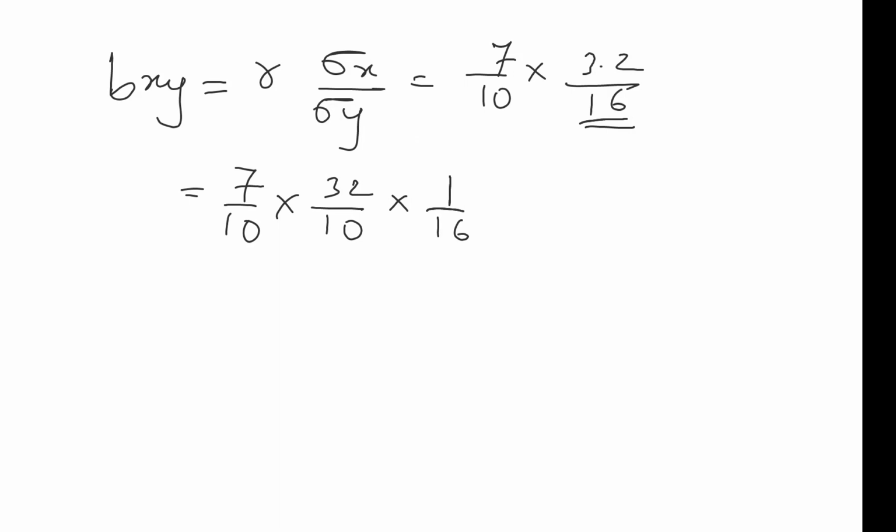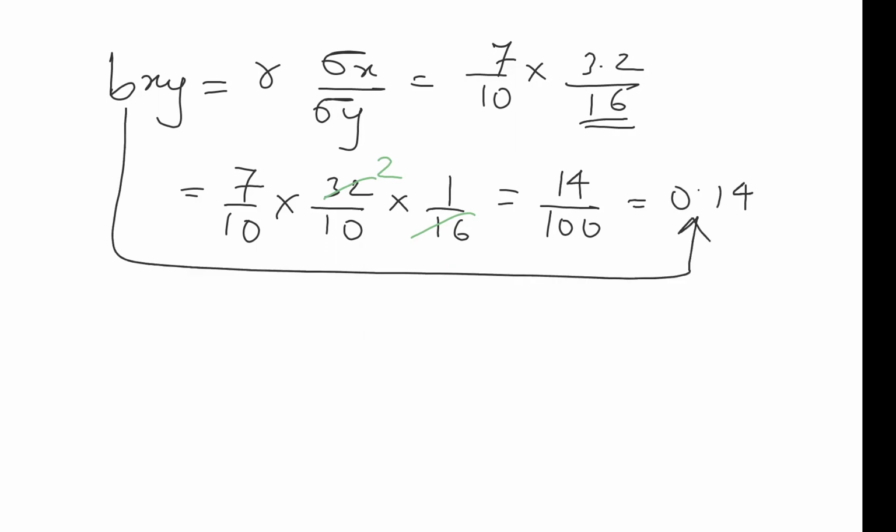So 16 ones are 16, 16 twos are 32, so this will be 14 upon 100. Now it's easy for us to divide, so this will be 0.14. So we got the value of bxy as 0.14.